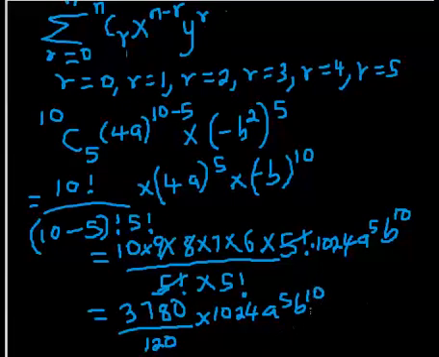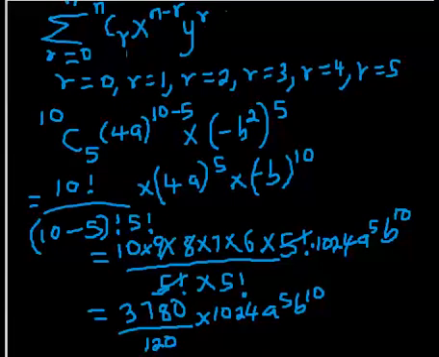So I have 30240 divided by 120, then times 1024.